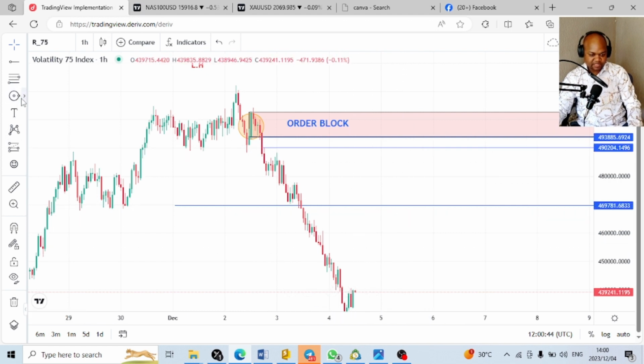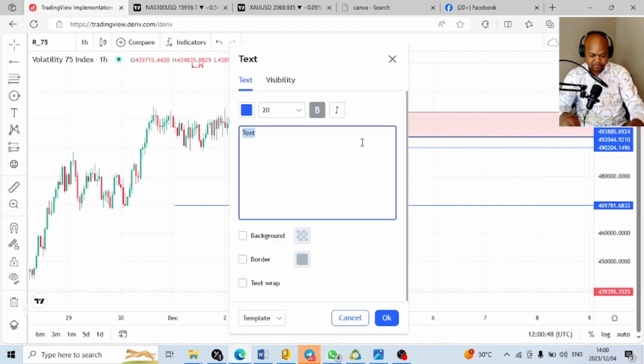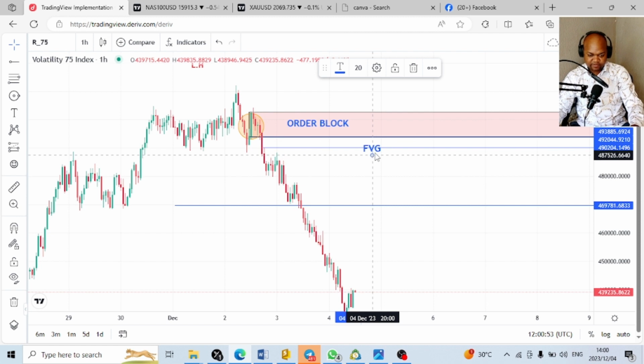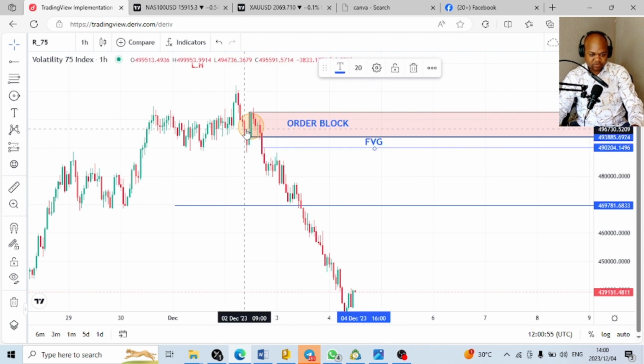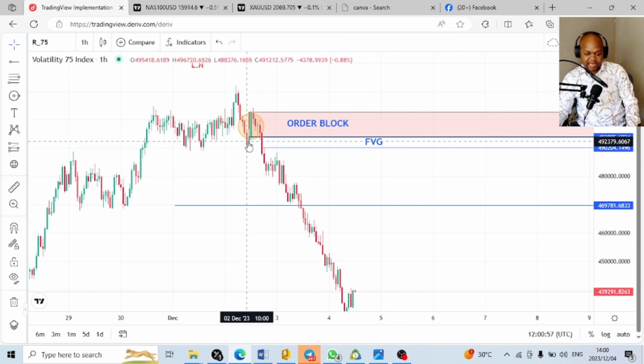So what I'm anticipating is this. We also have a fair value gap here, at this level. And this order block also aligns with the mitigation block that we have here.